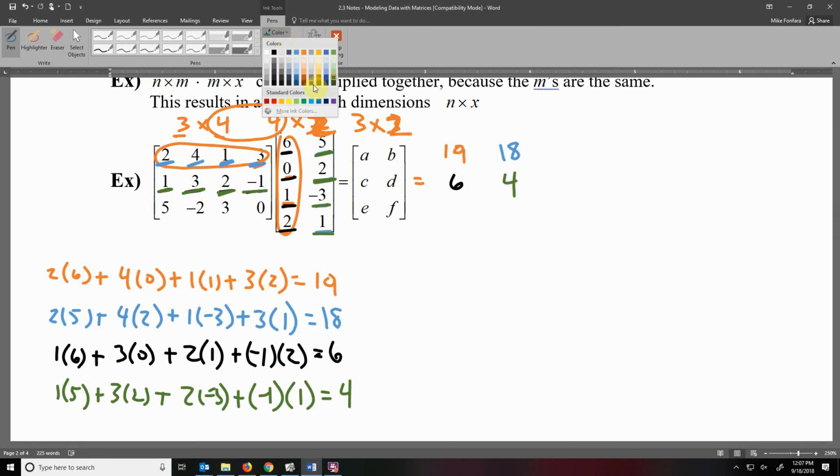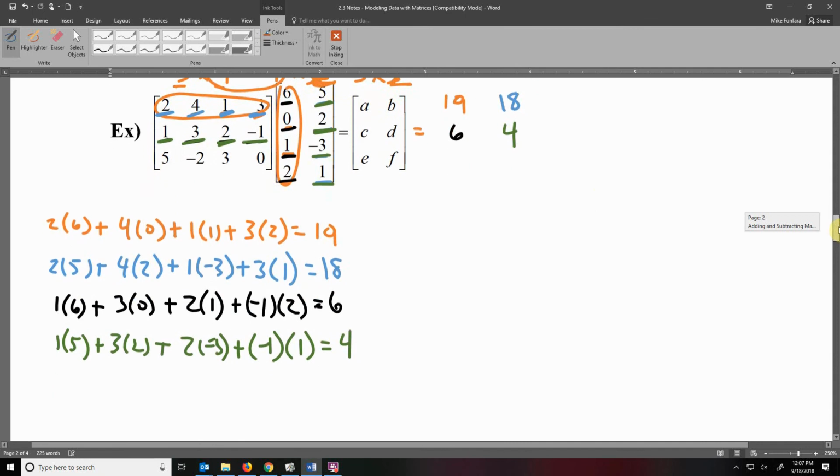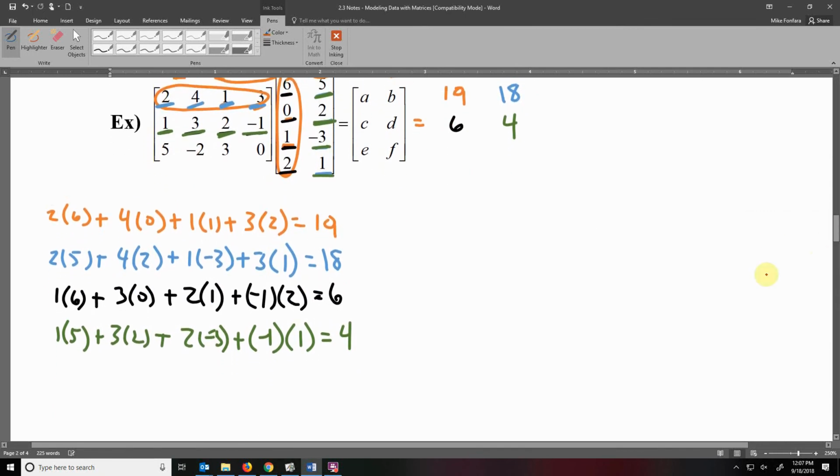And now I move on to the third row of the first matrix. So I have 5 times the first column, 6. Over and down is negative 2 times 0.